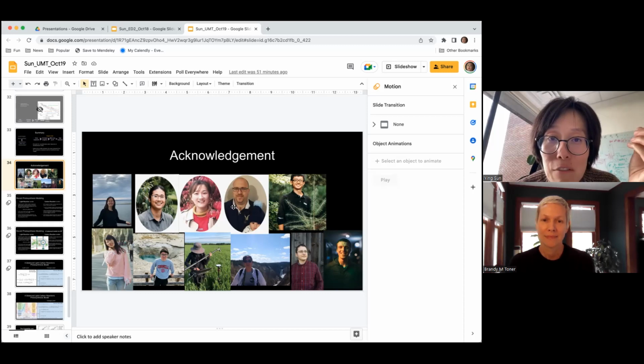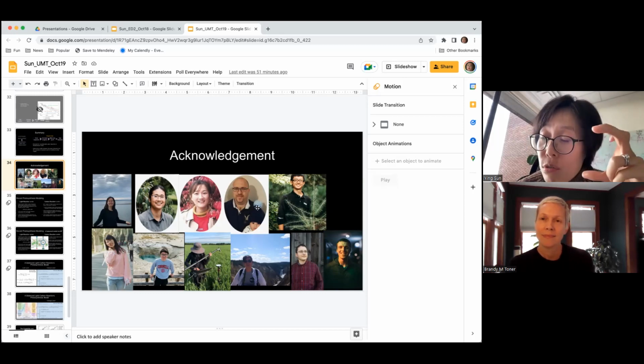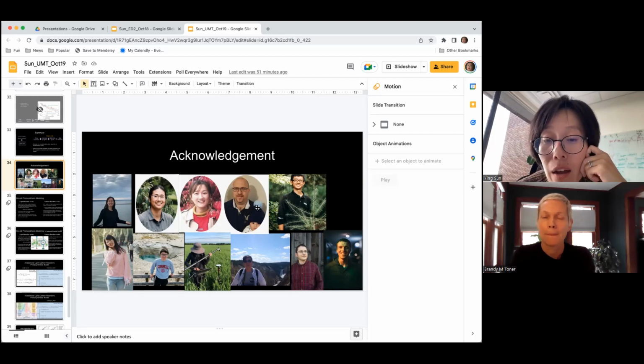So that's at the leaf level. Kara has been leading the partitioning project at the canopy scale. He's also trying to develop a scalable approach using satellite measurement of fluorescence to estimate crop yield.